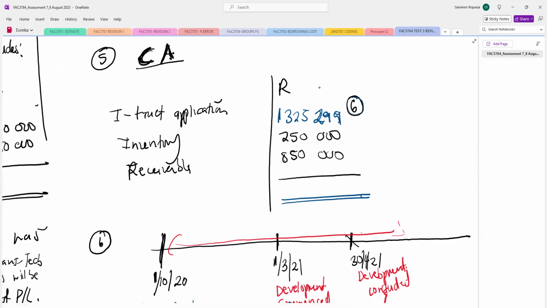I take the 1,325,299 plus 250,000 plus 250,000 plus 850,000. This gives me 2,425,299. Please confirm if you're getting this. Correct, it's correct.